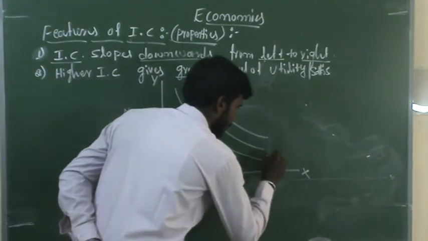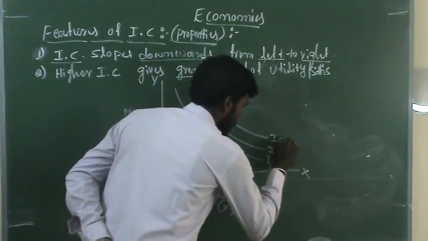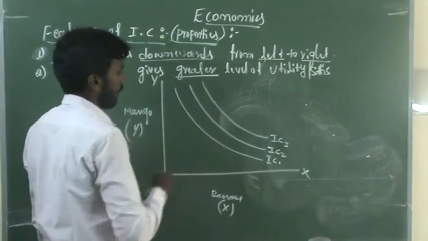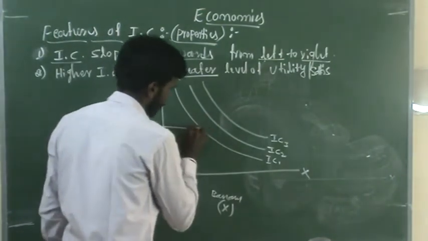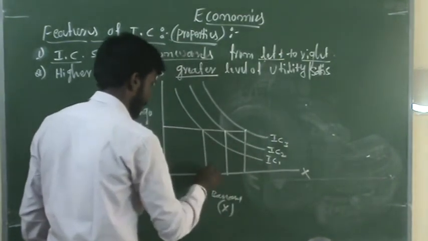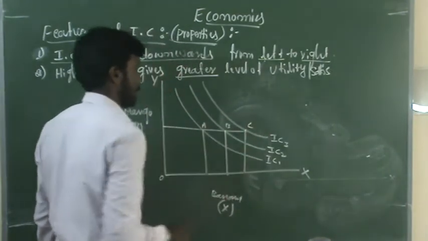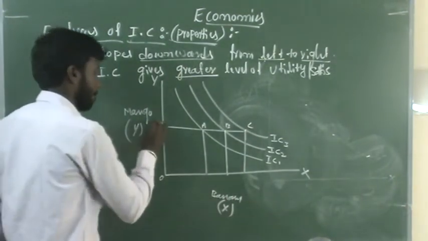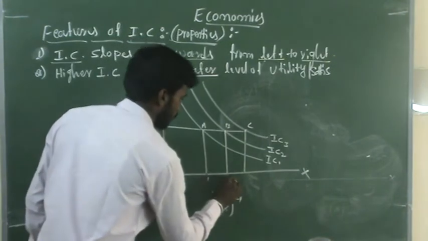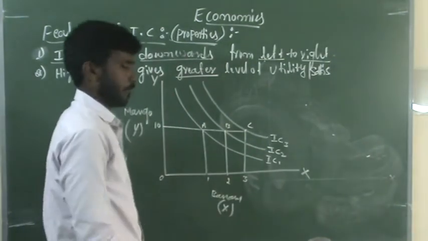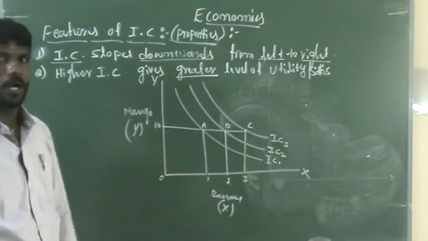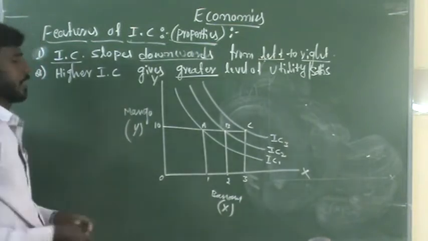IC1, IC2, IC3. Three different indifference curves we have constructed here, with points A, B, C. So this is our diagram to explain the second property of the indifference curve.